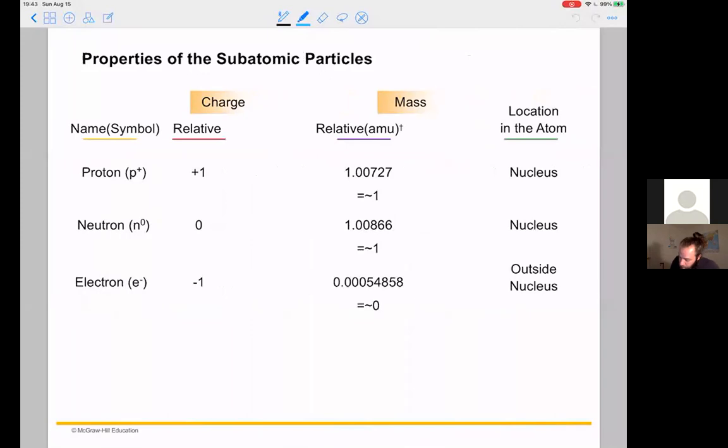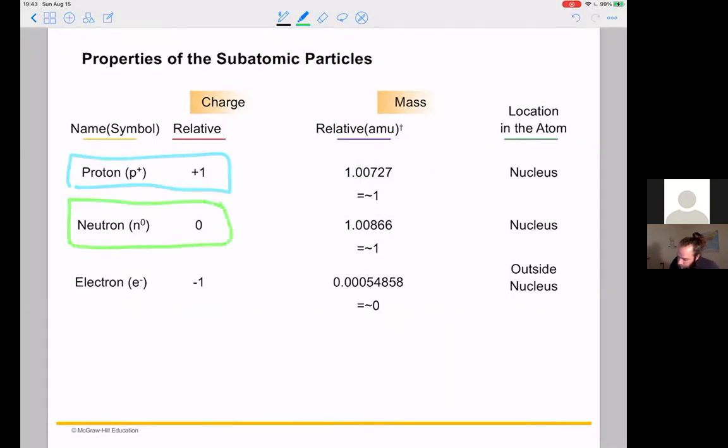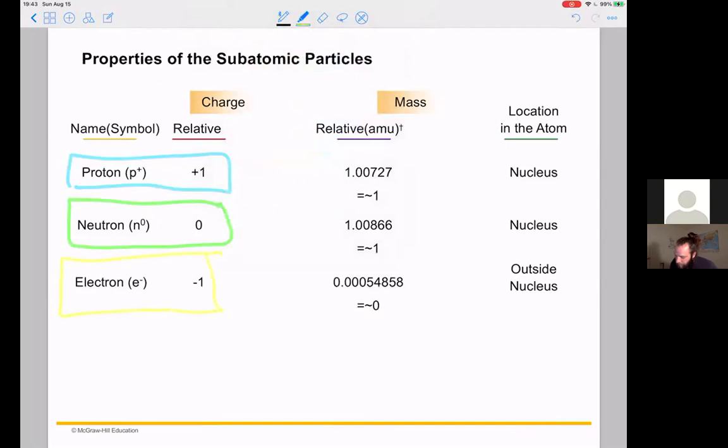So we knew protons had a charge of +1, neutrons had a charge of 0, and electrons had a charge of -1. Turns out that there's also something very different about the size, or in particular the mass, of these particles, okay? And we're measuring mass.